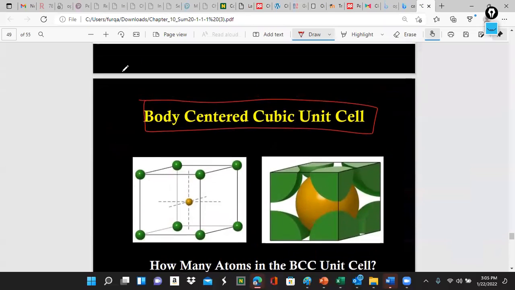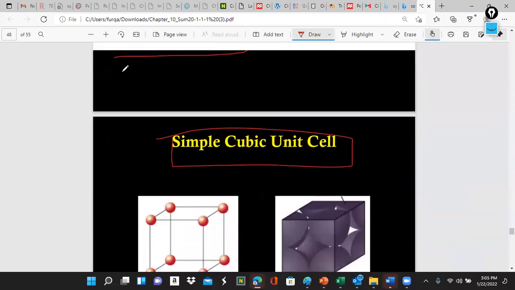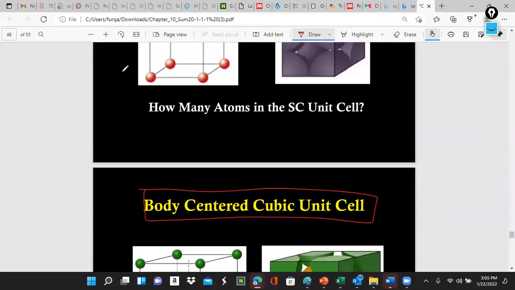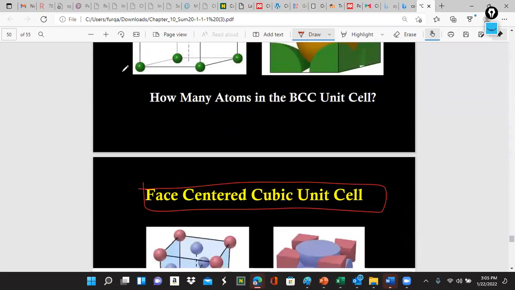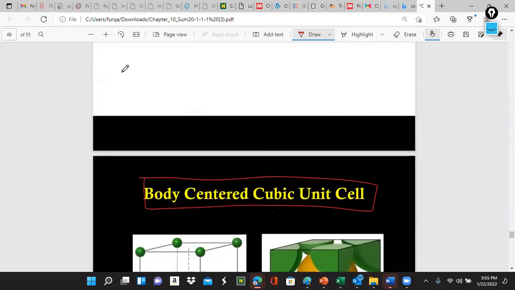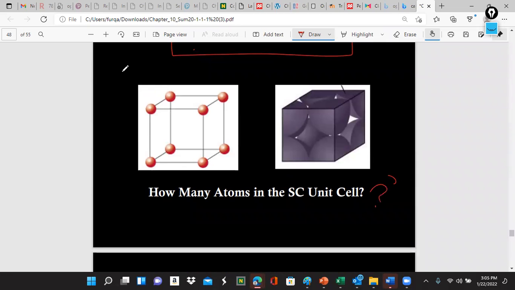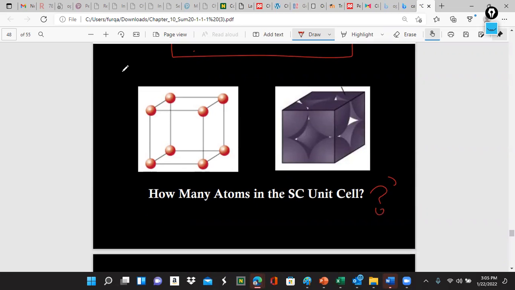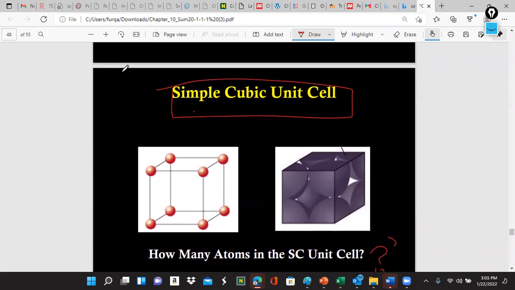Okay, so if you try to calculate the number of atoms present in each, like the simple cubic unit cell, body-centered cubic unit cell, or the face-centered cubic unit cell, that makes the difference. So look at this: this is an atom here, this is an atom, this is an atom. Each atom is contributing a quarter of itself inside the unit cell here. What is inside the unit cell is what will be counted.